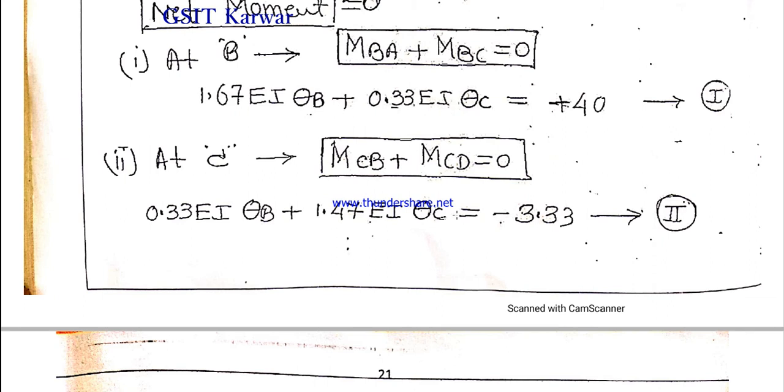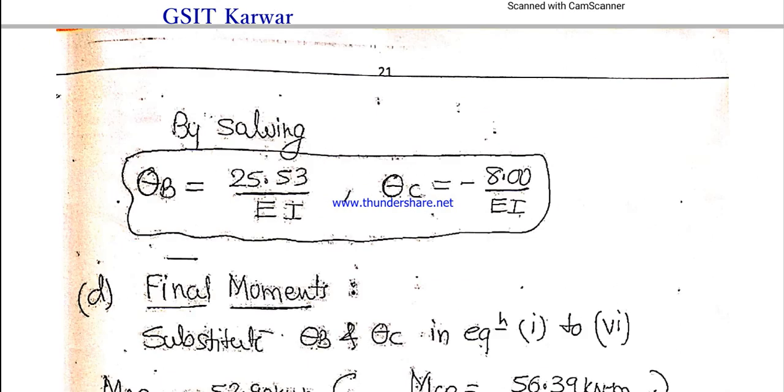So we can solve by adding these 2 equations, or you can directly use your calculator and solve these equations and calculate the unknown values. By solving you are getting theta B as 25.53 divided by EI, and theta C as minus 8 by EI.